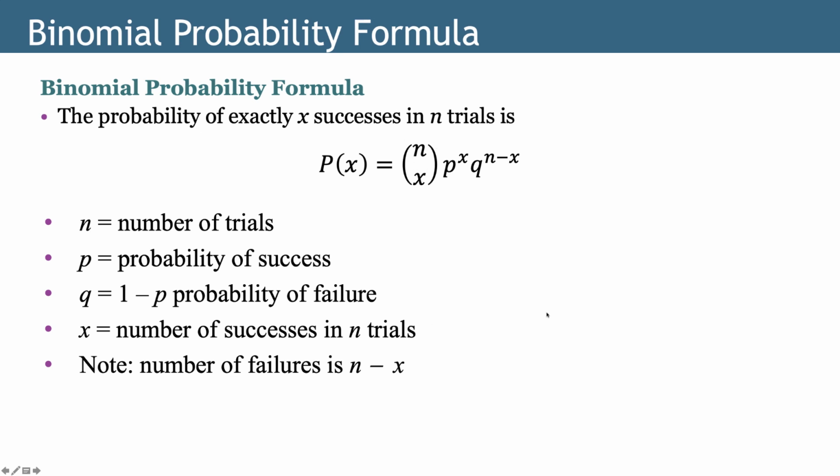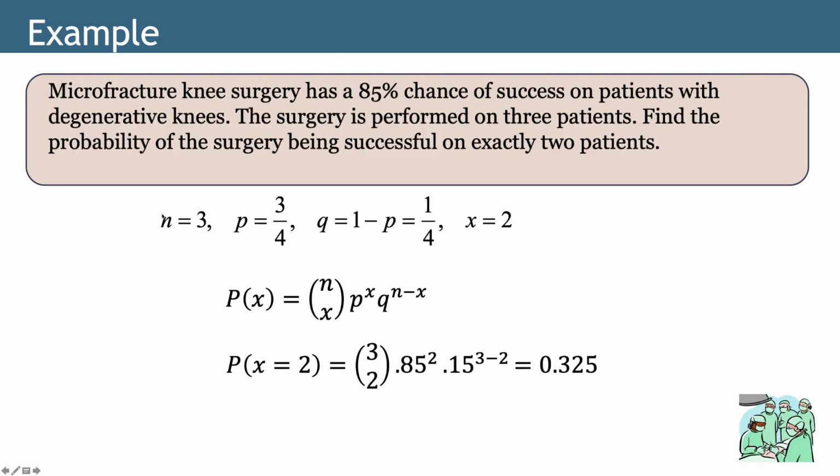Okay. So, for example, going back to that knee surgery, let's say I perform this 3 times instead of 8. So 3 times now. What's the probability of exactly 2 successes? So x would be 2. There's n is 3 surgeries, choose 2, so this is a combination.